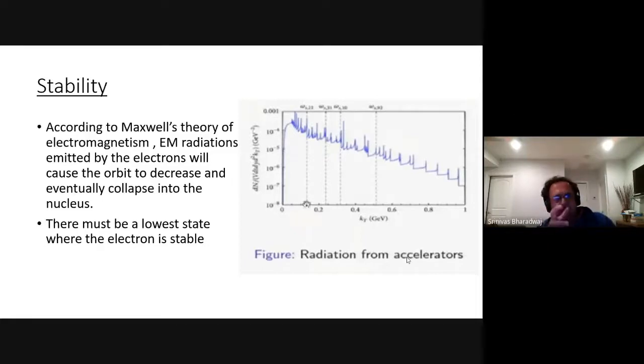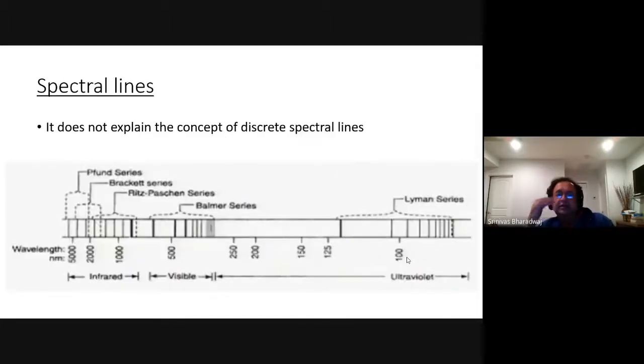So it sits in orbits, and there is a lowest orbit beyond which it does not emit any energy. It will come from a higher orbit to a lower orbit and emit energy, but when it goes to that lowest orbit, after that it will not emit any energy. There must be a lower state where the electron stays stable.